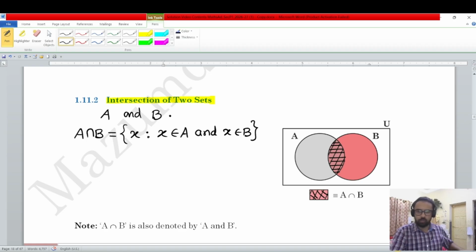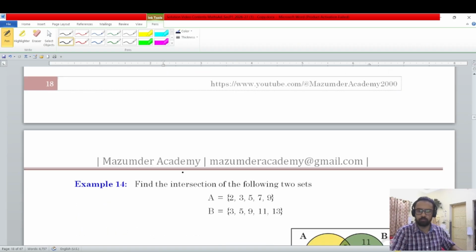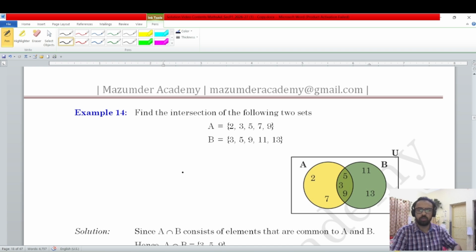As an example, say A equal to 2, 3, 5, 7, 9, B equal to 3, 5, 9, 11, 13, and you have to find the intersection. Therefore, what will be A intersection B?